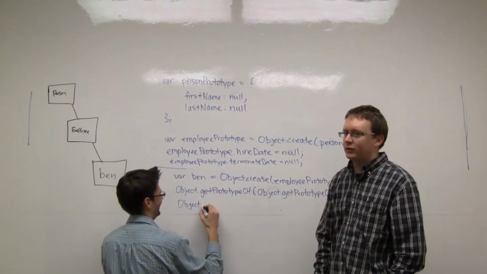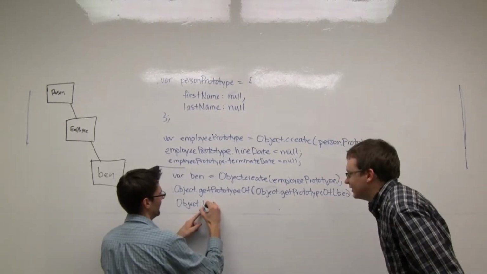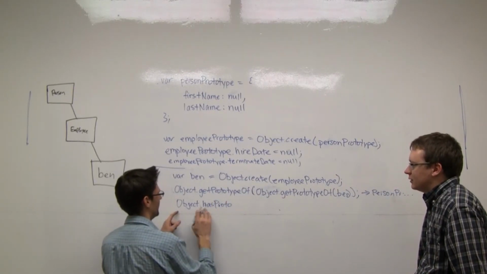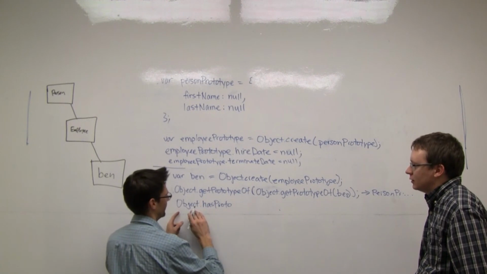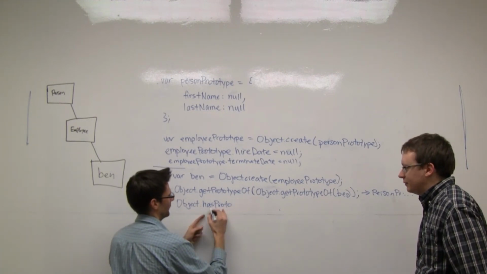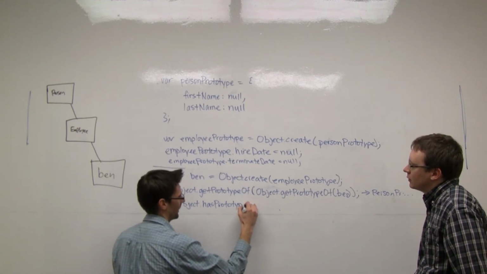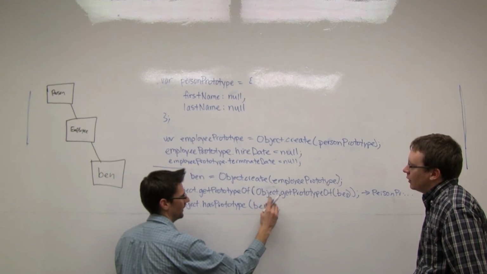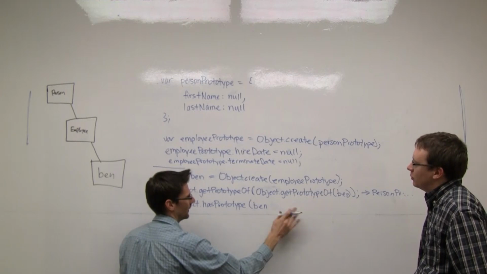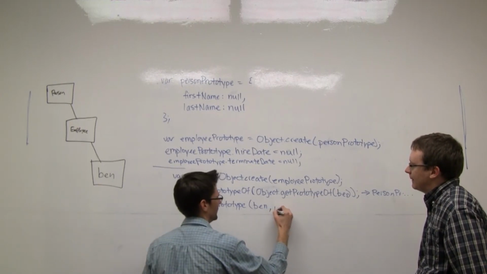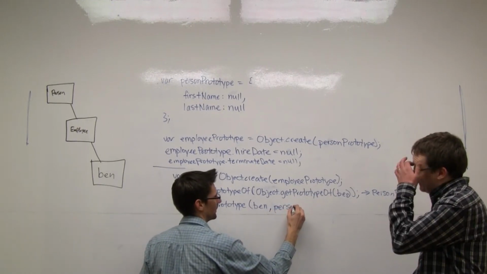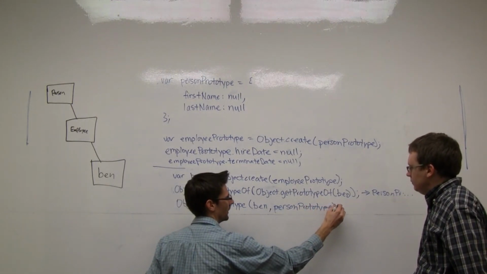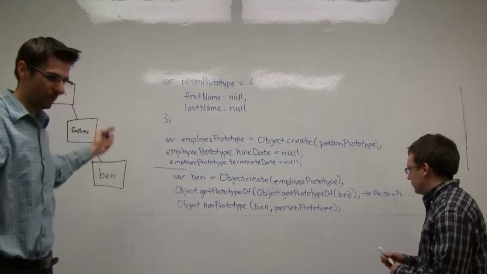Don't tell Alfred. There you go. So we said isPrototypeOf, right? It's not actually on the prototype, it's on the object itself, the function of the object. So isPrototypeOf, and then you pass it Ben, and it would be the person prototype, and we want to see if it's a person, right? Person prototype. That right there would return true.